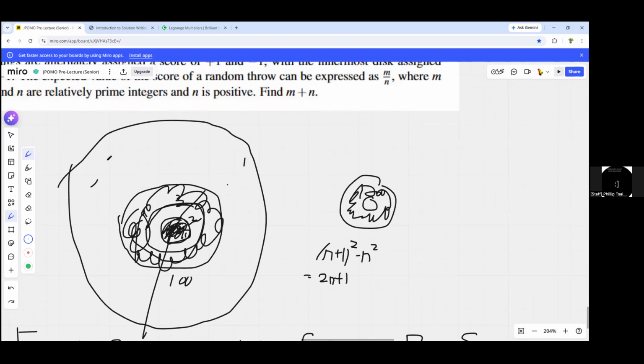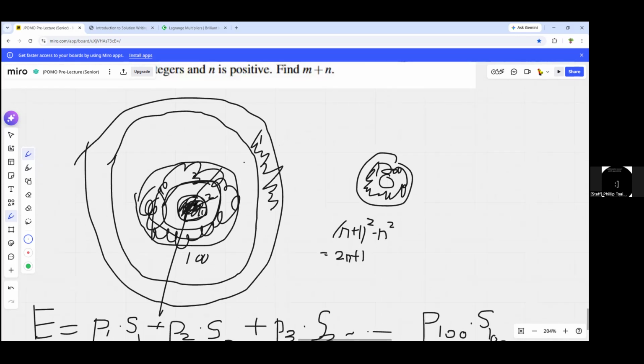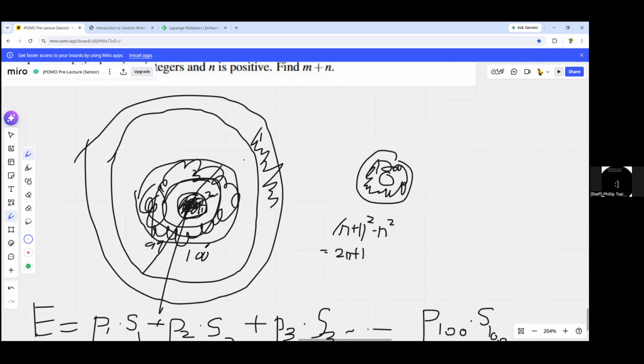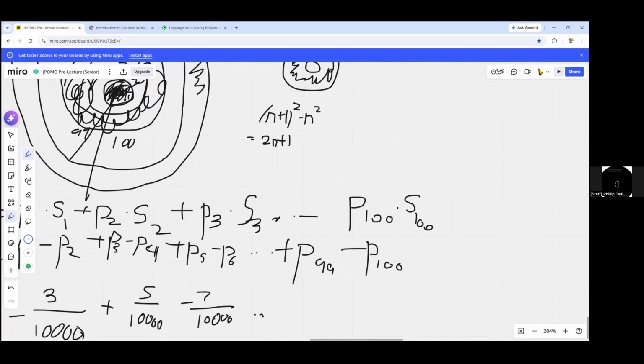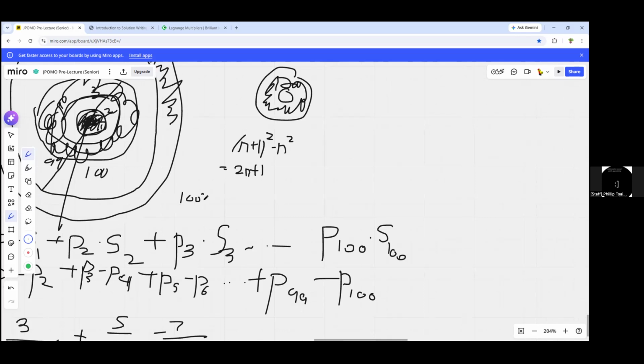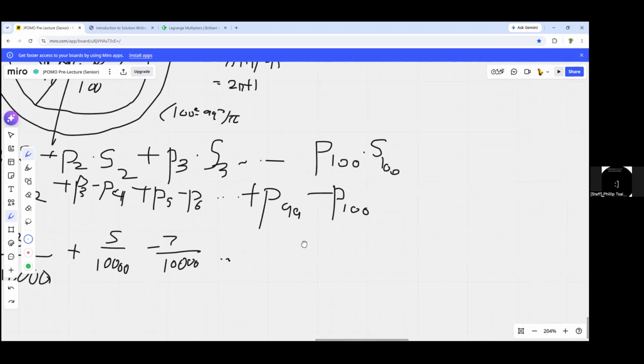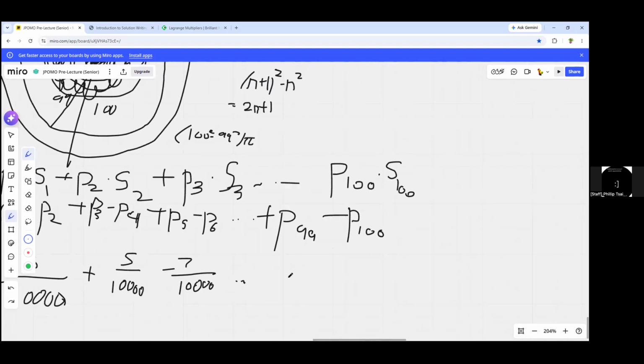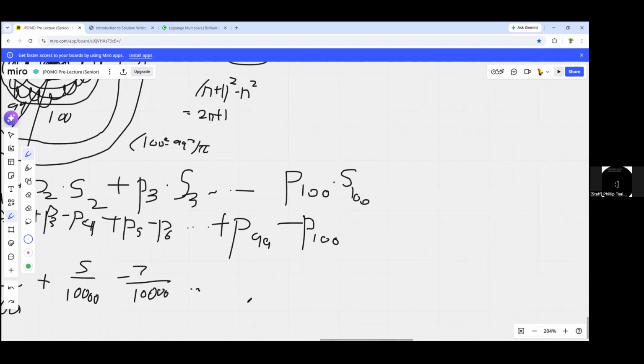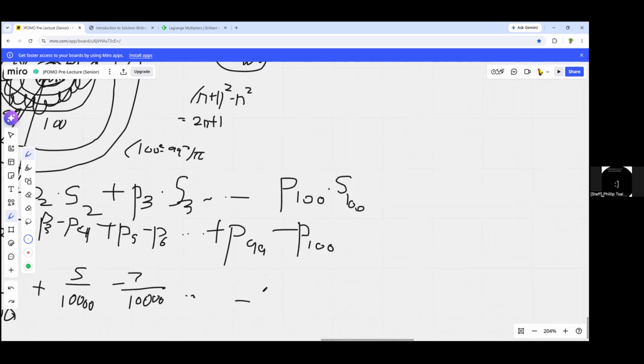Anyways, for this last region here, it's the difference between the areas of circle 99 and circle 100. So we stop at 100 squared minus 99 squared, or in other words, we stop at 199 over 10,000.